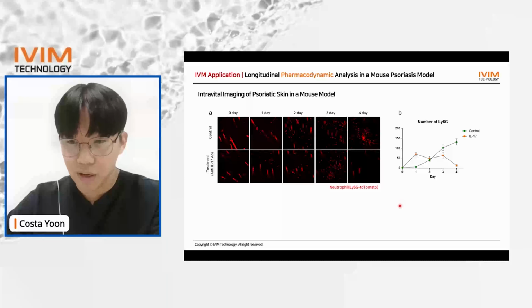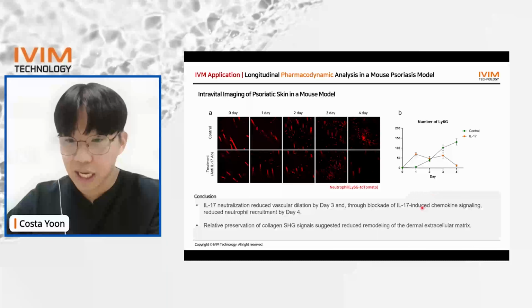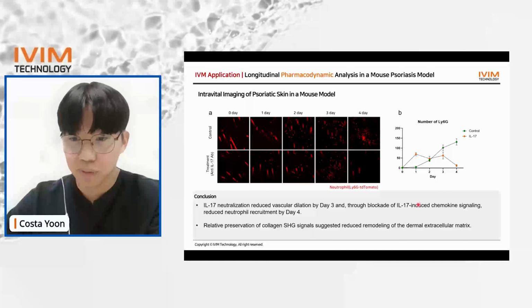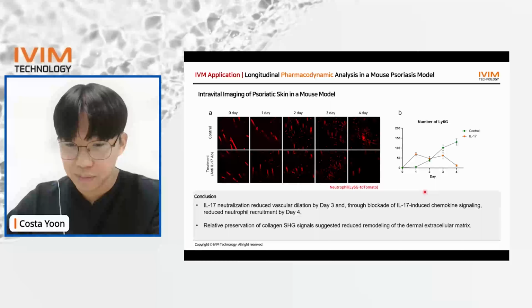To summarize, compared with the control group, the treatment group shows reduced vascular dilation from approximately day 3 and reduced neutrophil infiltration by day 4. This finding indicates that IL-17 neutralization effectively regulated the inflammatory responses.